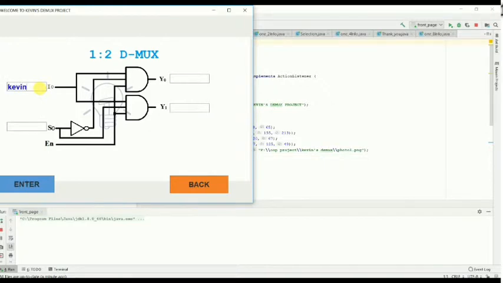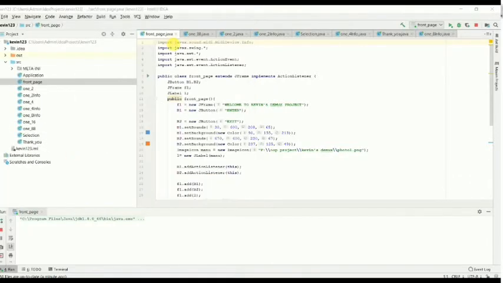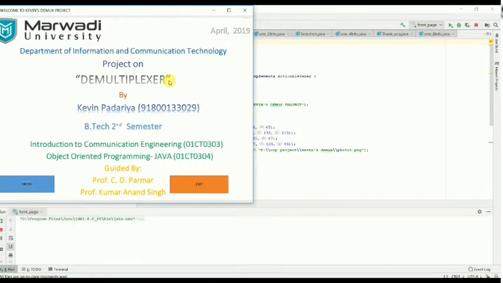In the 1 cross 4 demultiplexer, we have a total of 4 outputs, y0 to y3, and we have 2 input pins where we can input 0 or 1. Here we enter the data and then 0 or 1.